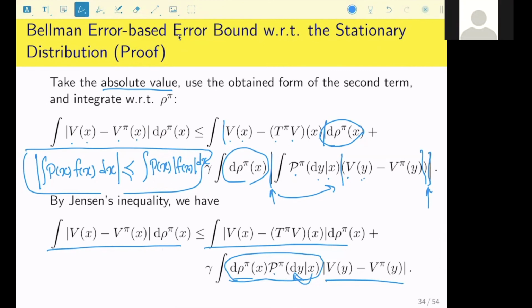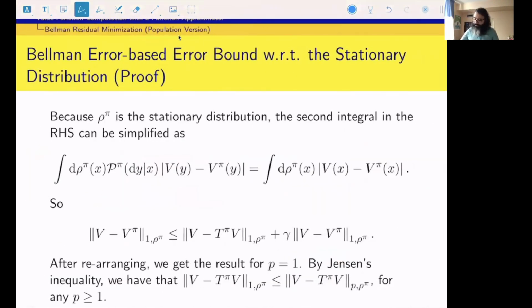It is a stationary distribution, right? Because if you start from stationary and follow one step of the policy, this distribution stays the same, the stationary policy.